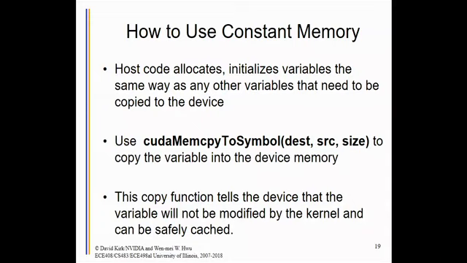This is similar to cudaMemcpy, but it's called cudaMemcpyToSymbol, and its arguments are destination, source, and size in number of bytes. So that's the same. The copy function tells the device that the variable will not be modified by the kernel, and it can be safely cached by the constant cache. The symbol is actually a historical term for these coefficients and constants in graphics programs.